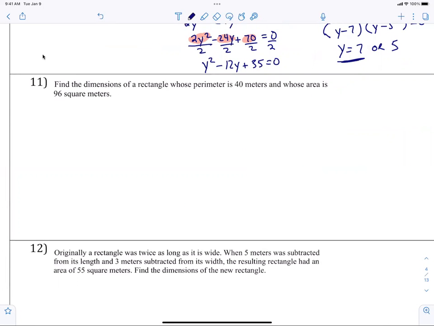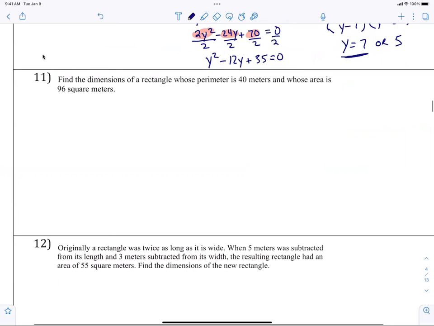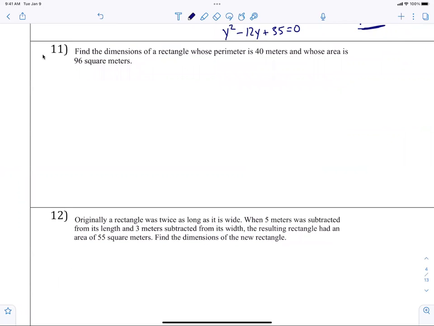Okay. Now I'm going to hopefully write a few for you and then you can solve them tonight. I'm not expecting you to write all these out. All right, so we got a rectangle again. So let's draw a rectangle. So length and width. The perimeter is 40. So what does that mean? 2L plus 2W equals 40.